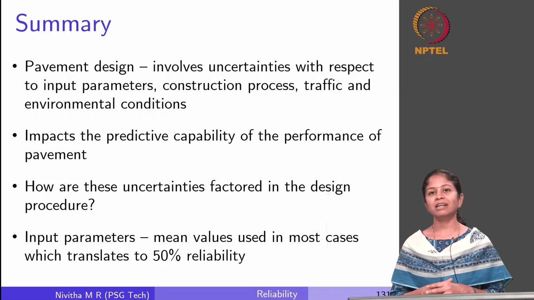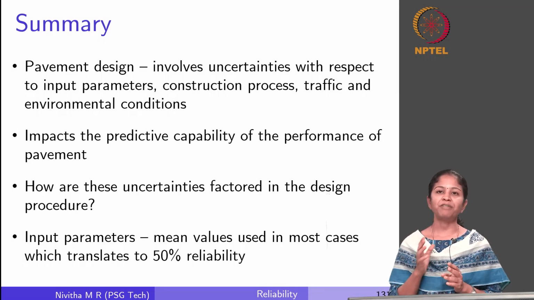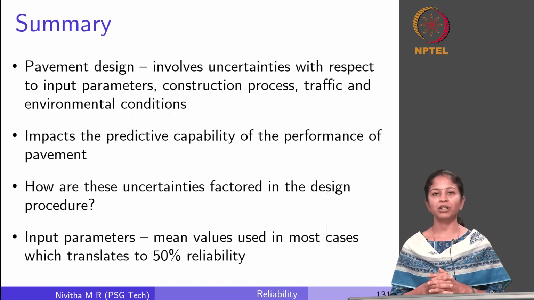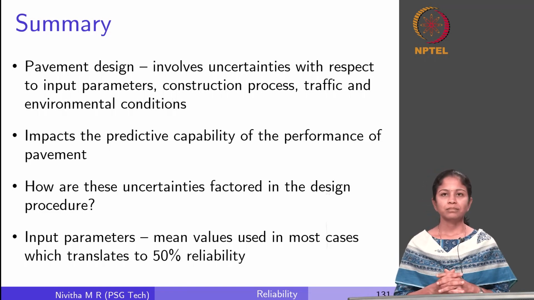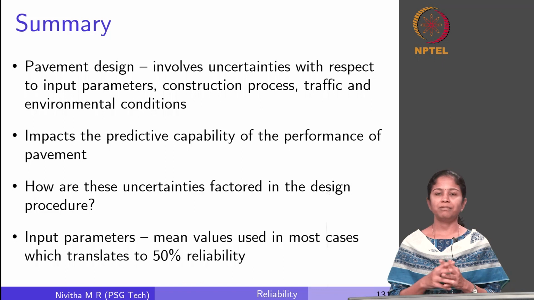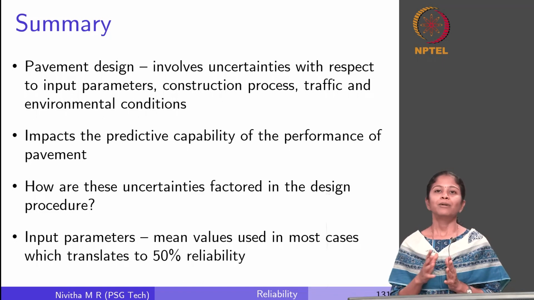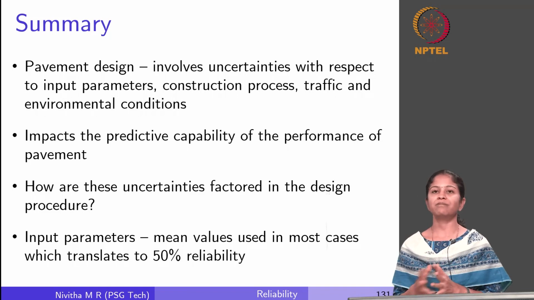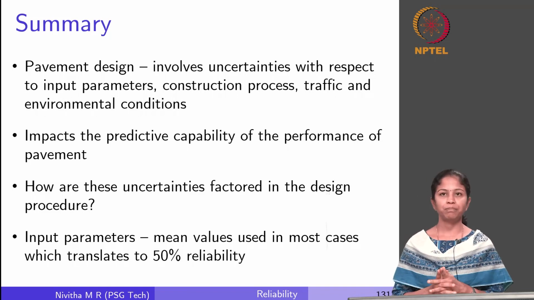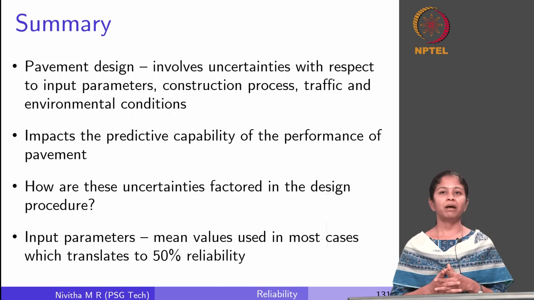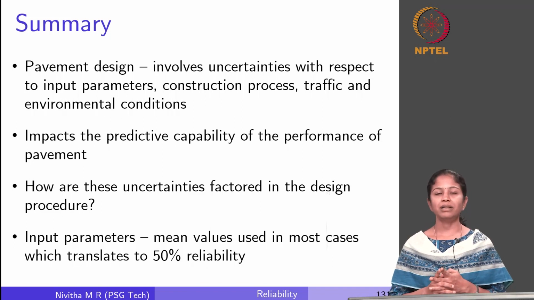So the major challenge that lies here is how to factor in all these variations into the design process, right. So we have seen different design procedures, different methodologies which attempt to consider all these variabilities in the design process.